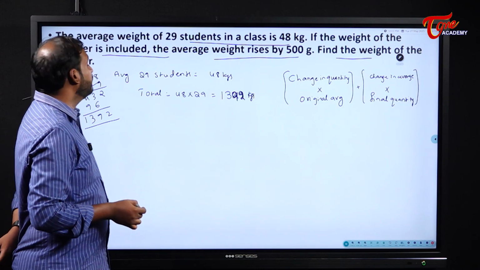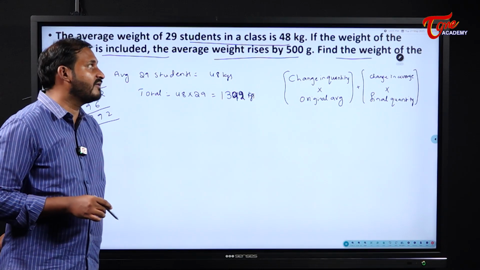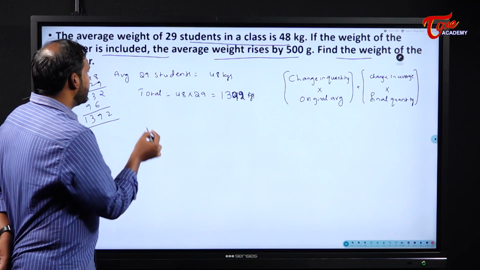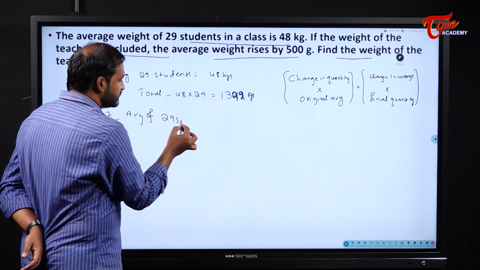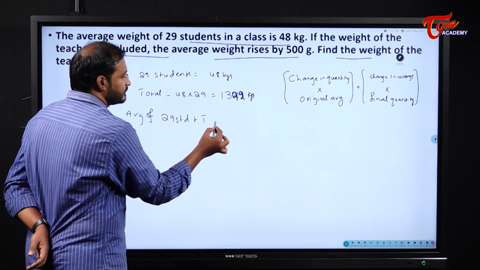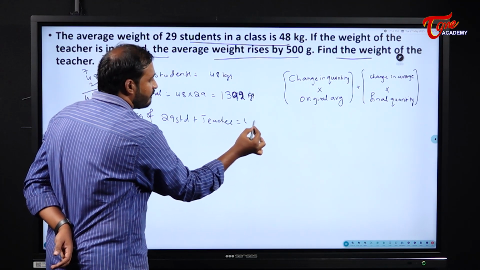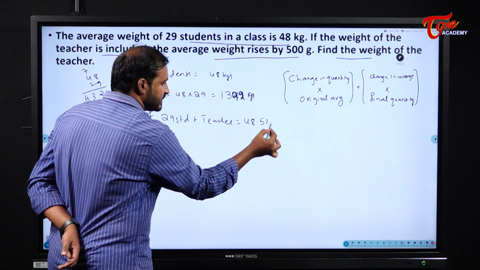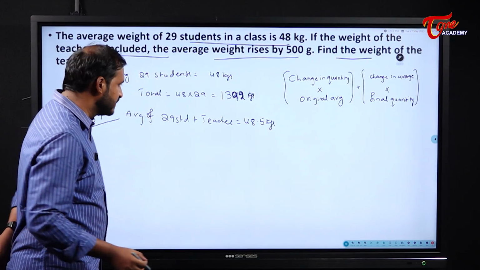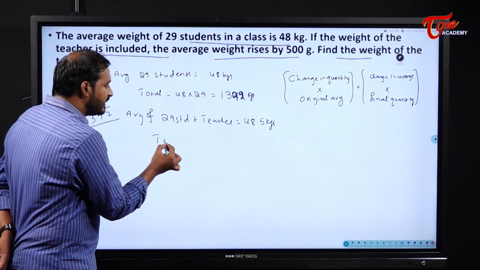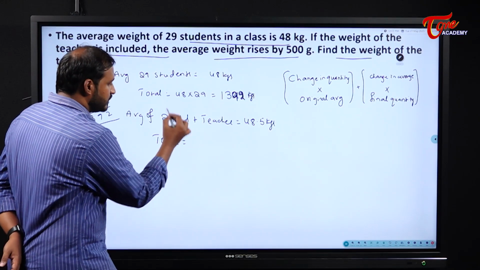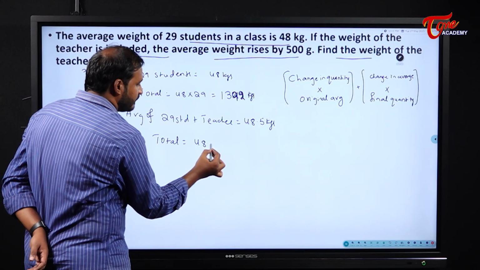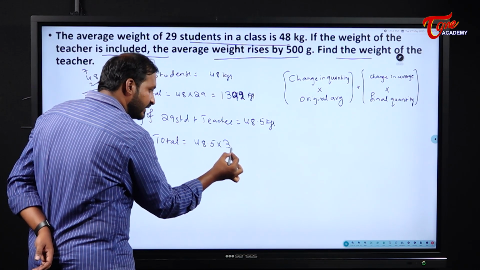Next, if the weight of the teacher is included, the average rises by 500 grams. That means the average of 29 students plus teacher is 48.5 kgs. So now what happens to my total weight here? It becomes 48.5 into 30. Why 30?